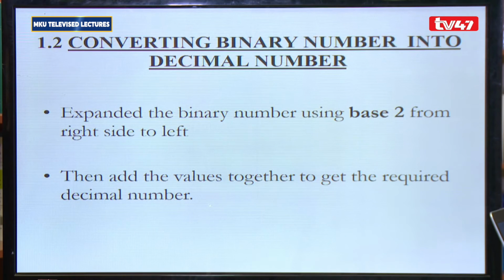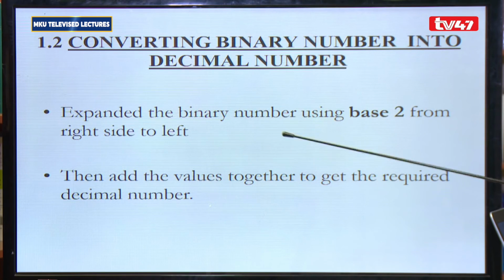To convert a binary number into a decimal, you expand the binary digits using base 2 from the right side towards the left. Then you add the values together. Once you add the values together, you end up with the required decimal number.